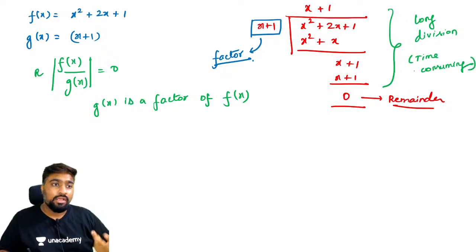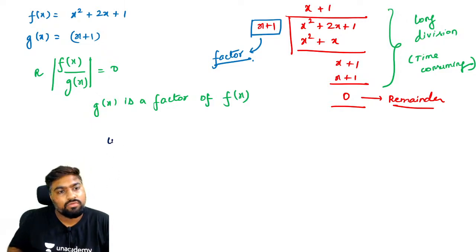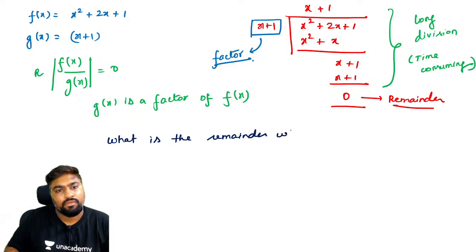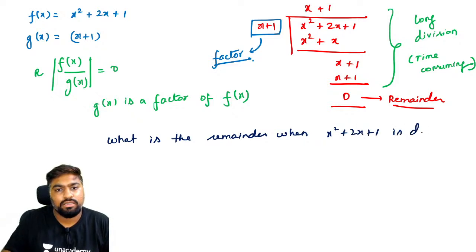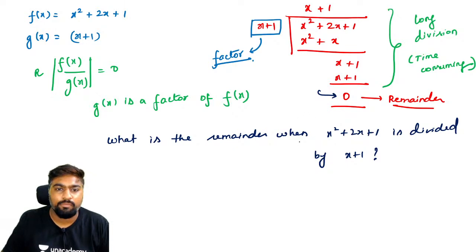So let's say the question given to you was, what is the remainder when x square plus 2x plus 1 is divided by x plus 1, right? You will have to sit and divide this and check if it's 0 or not. If it's not 0, then what is it? It could be kind of complicated.